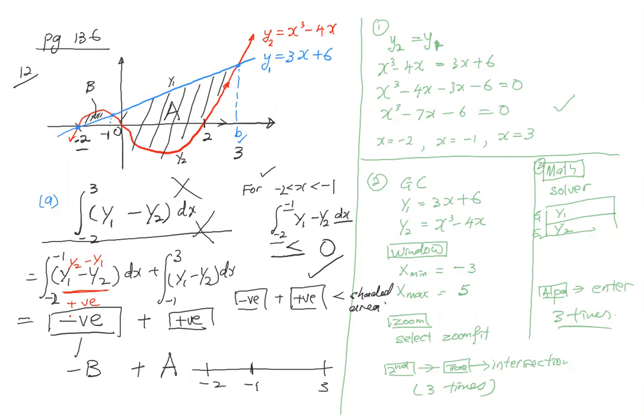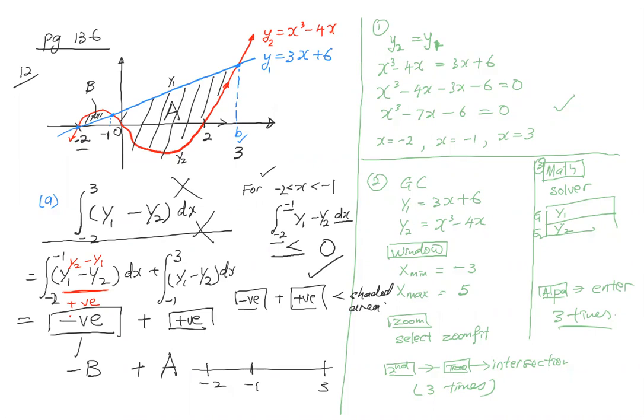If this is the case, then we have to split. So the red one will be the correct answer. Are you okay? So everyone got the correct answer for part A? Okay. I purposely went through all this to make sure you observe the correct thing.